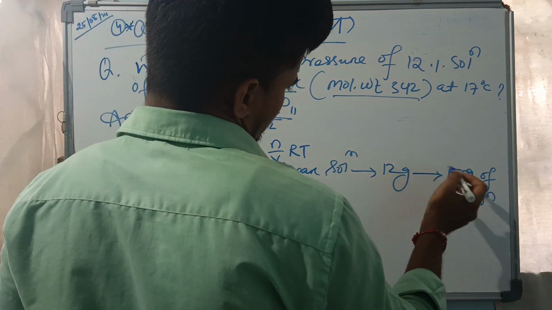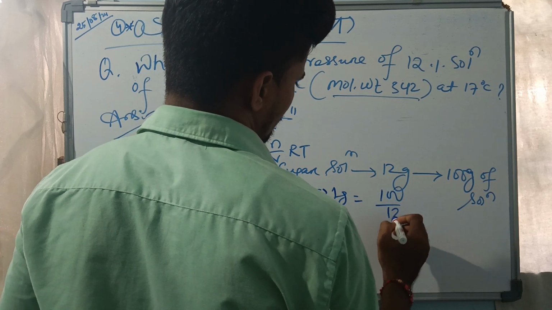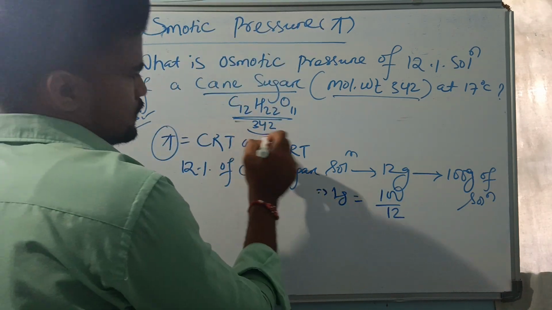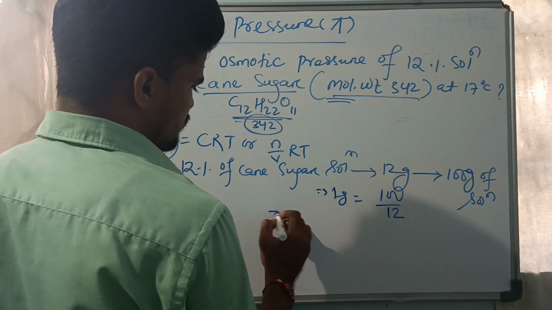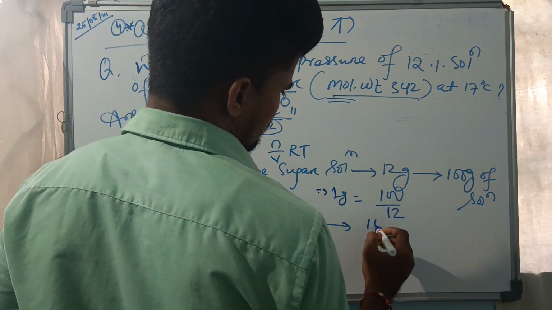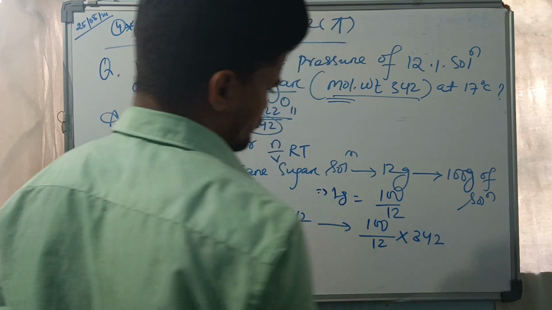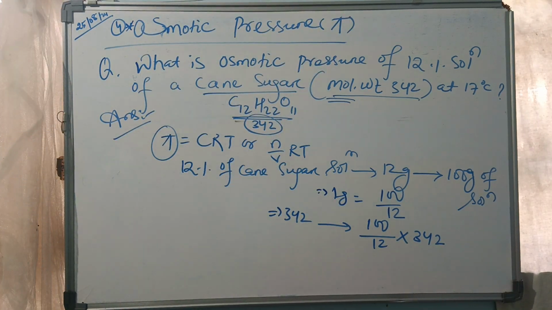As 12 gram is present in 100 gram, 1 gram is in 100 upon 12, so for 342 it is 100 divided by 12 into 342.